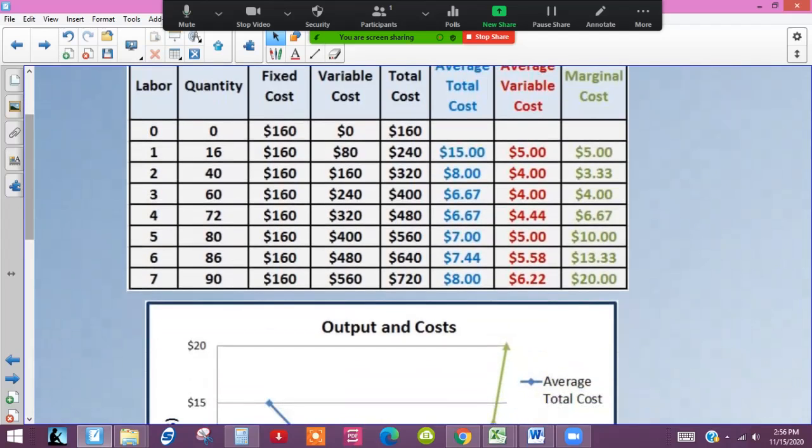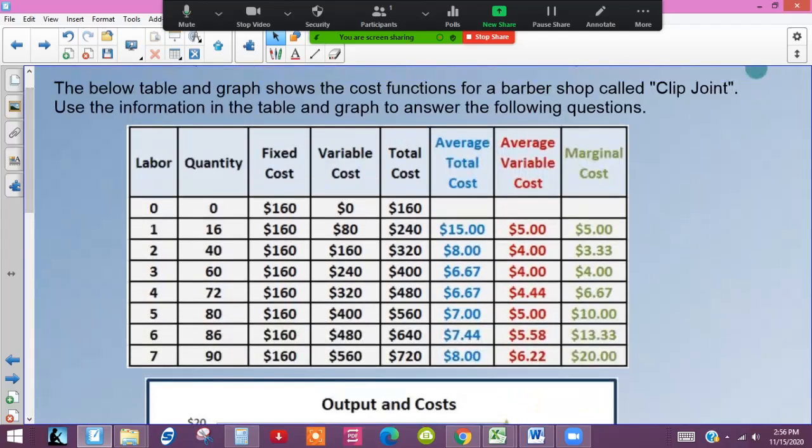Now, we've got units of labor, which you could think of as workers, 1, 2, 3, 4, 5, 6, 7. The quantity that is produced at each level of labor. The fixed cost for this firm, which is fixed.